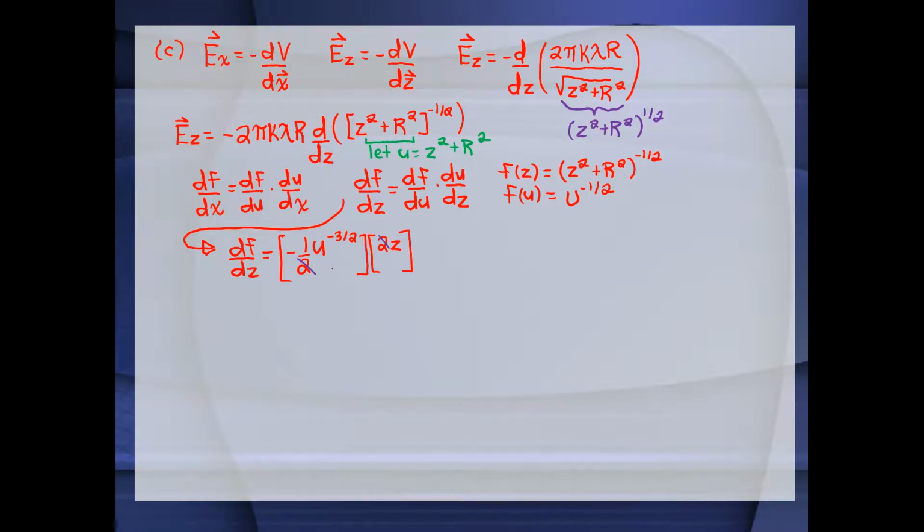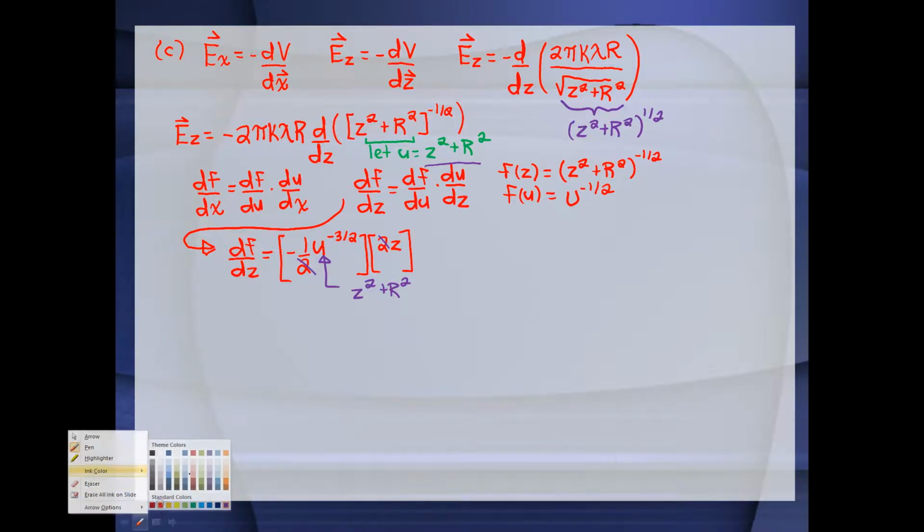And we're going to replace the u here. So the u I'm going to replace with what I have u up here defined as. So it's going to be z squared plus r squared. Okay, so long story short, the derivative of this, we'll plug it into the equation in a moment.